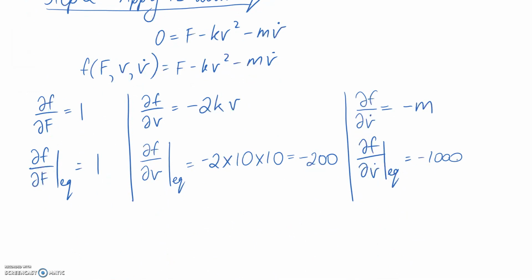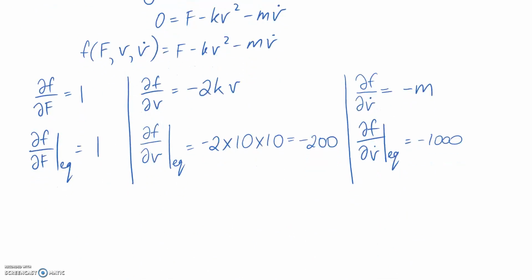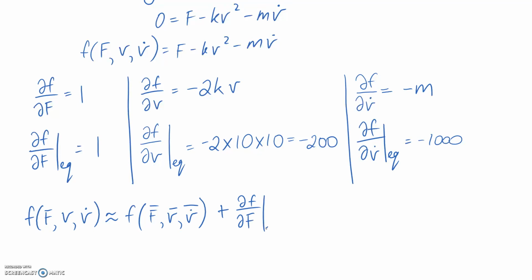Cool. So now let's write out the Taylor series expansion of our function here. So the function is approximately equal to its value at equilibrium, so that's with the bars over the top, plus the derivative with respect to each of our variables evaluated at equilibrium, and then multiplied by the difference between the variable and the steady state value.